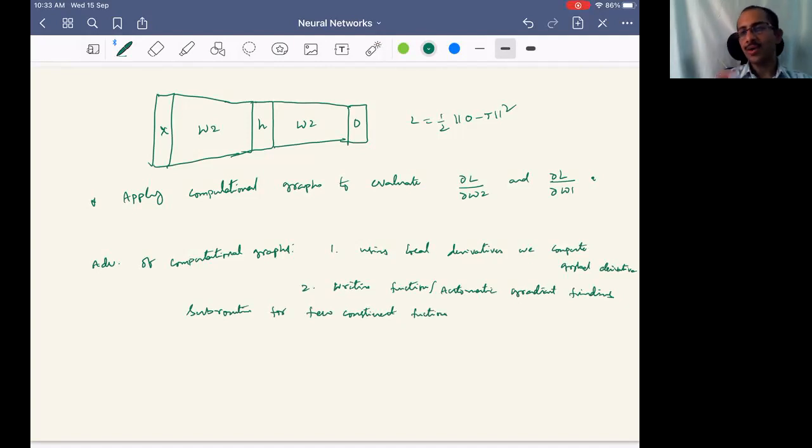See, all these functions are of only one variable. It's not a nested function. It is a simple function.